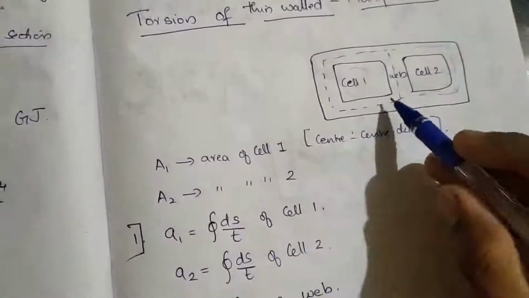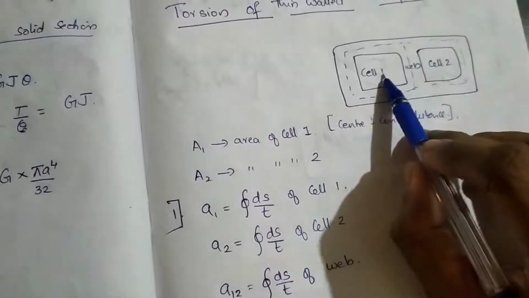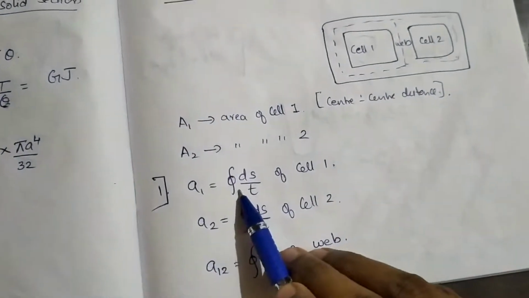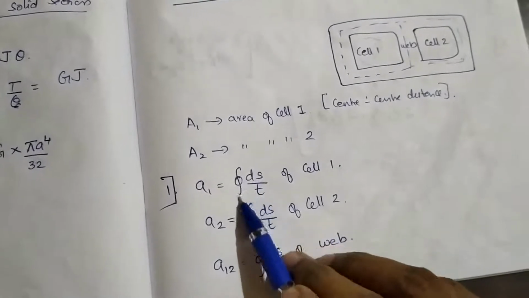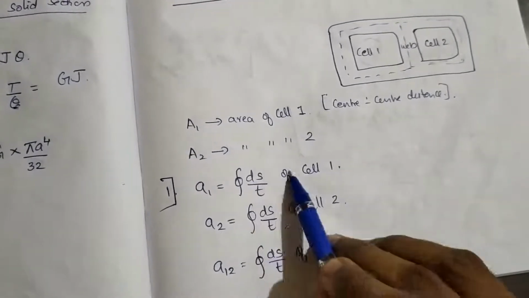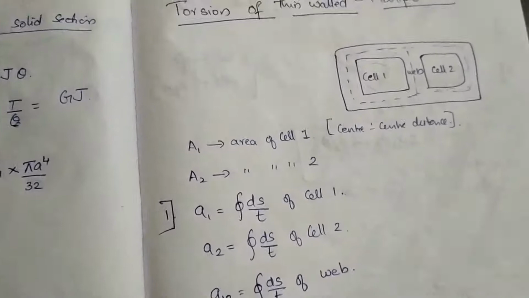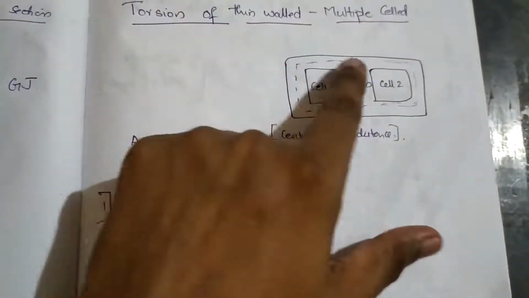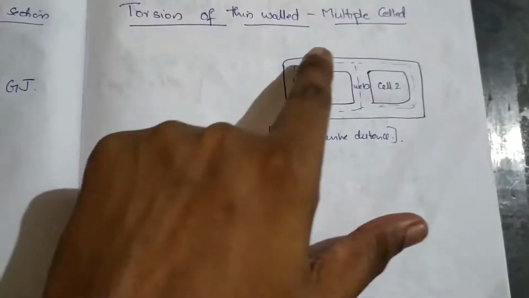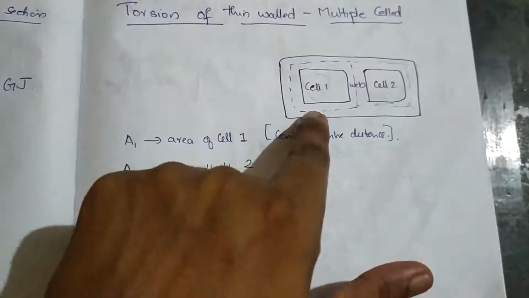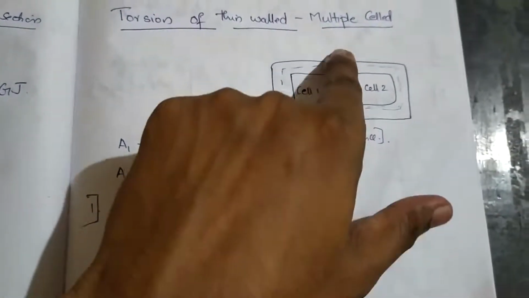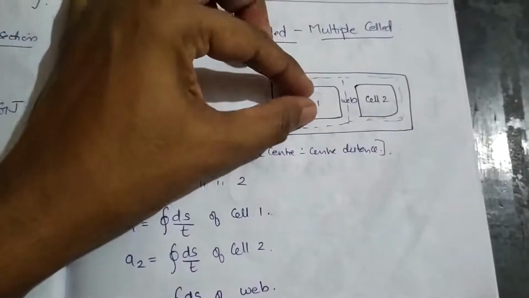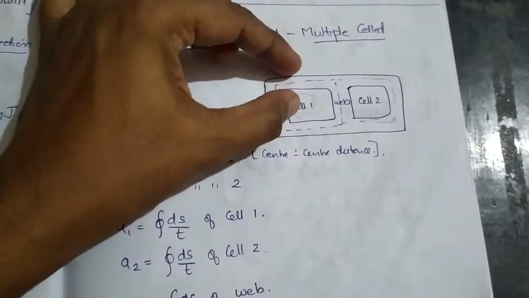Fine. Now delta 1 is a factor which is called the surface integral of ds by t of cell 1. Okay, so you need to find out the ds by t. That means this divided by thickness, this divided by thickness, plus this divided by thickness, plus this divided by thickness. Then you will get delta 1, that is delta for cell 1.